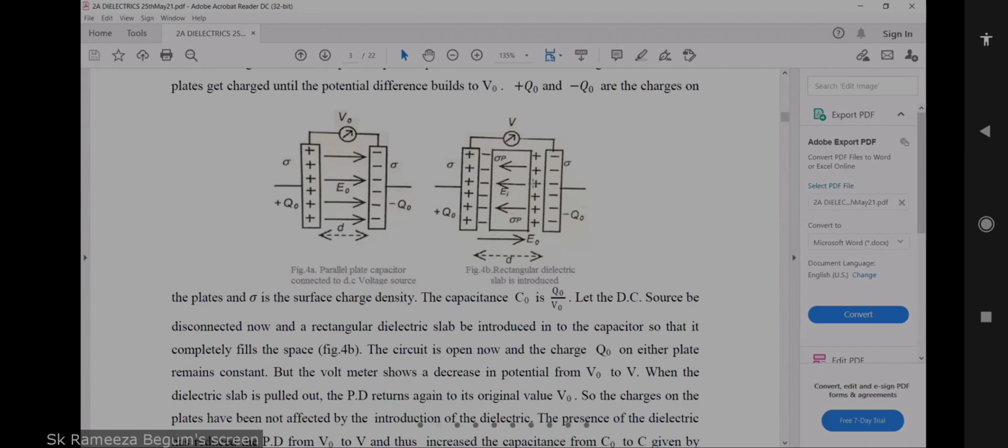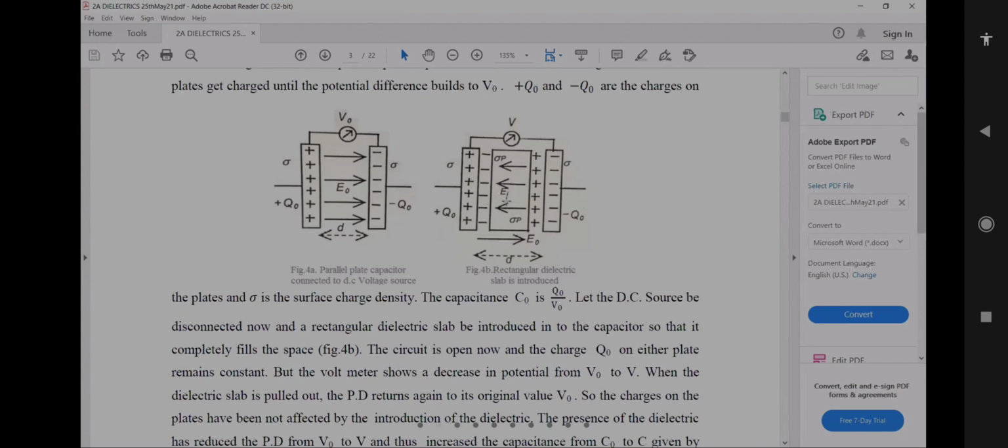Then the material is said to be polarized. Due to the separation of the two charges, an electric field is induced within the material. That is called the induced electric field E_I.